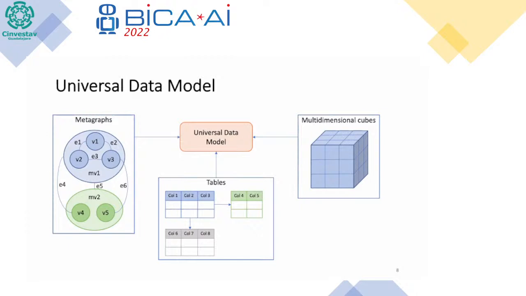Several more element classes must be added to the model to work with any data structures: tables, multidimensional cubes, virtual tables, and virtual multidimensional cubes. To work with tables, you need several auxiliary objects: table row, table column, and key. And to work with multidimensional cubes, you need auxiliary elements: dimension, hierarchy of dimensions, and indicators.